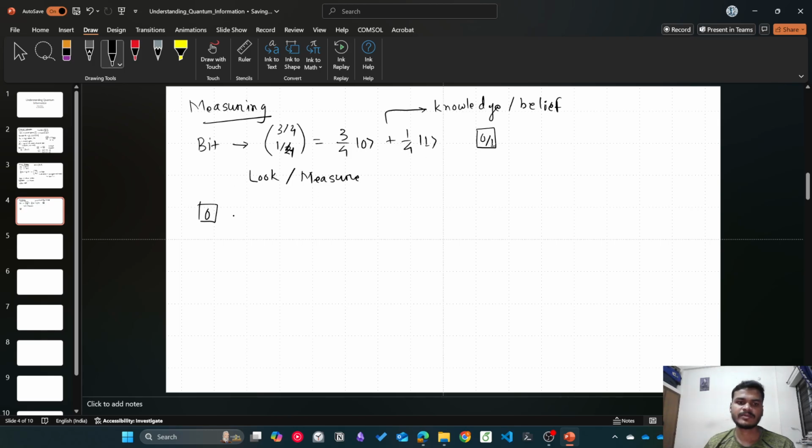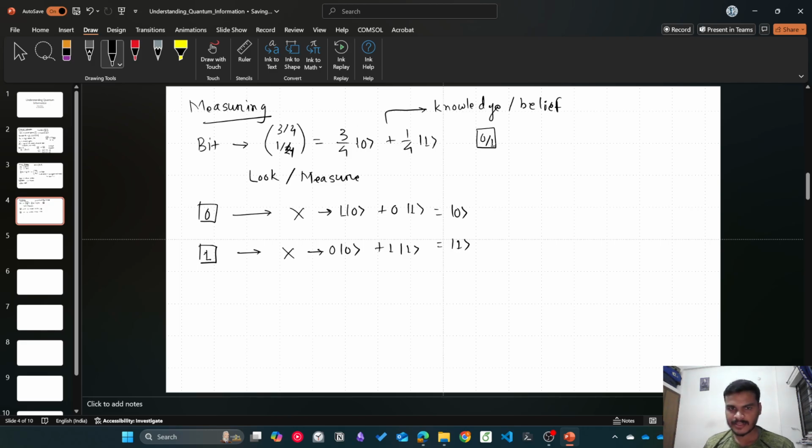Let's say we observe the system to be in 0, then our knowledge becomes that the bit is in the 0 state with 100% probability and the 1 state with 0% probability. In the other case, if we find our system to be in the 1 state, then our new probability vector will be 0 for 0 and 1 for 1.